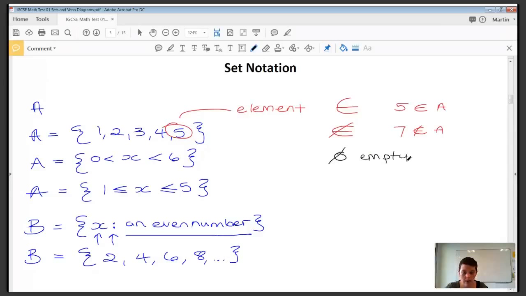And this is the empty set. So if we were asked to find all of the, let's say, letters in set A, well, there aren't any. There's only numbers in A. So this is the empty set.